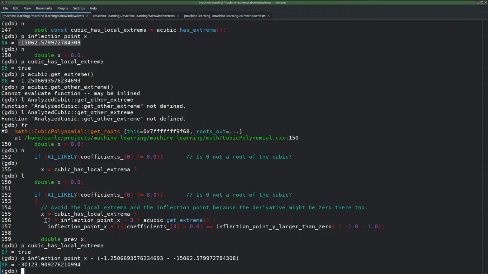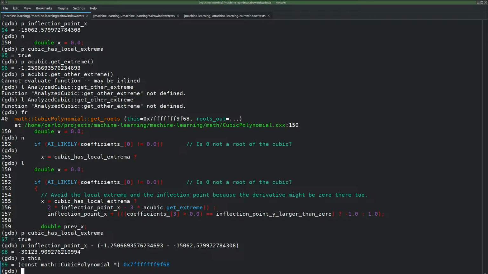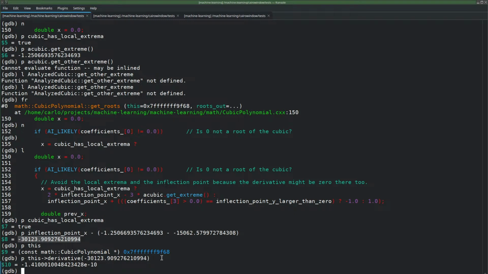I mean, this formula is apparently wrong. I think it's... Oh, I can just evaluate the derivative. I think we're in this point of the cubic. Oh, I will just print this derivative. Derivative at that value. No, that's 0.